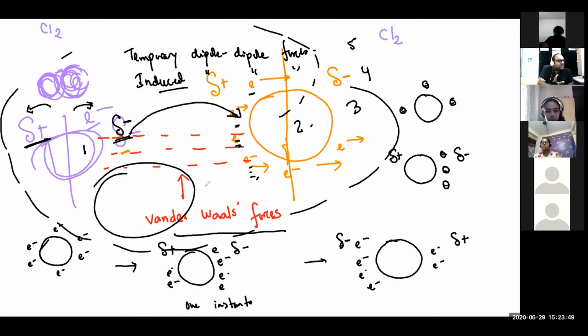Now, van der Waals forces are present everywhere, but specifically which type of molecules only have van der Waals forces?